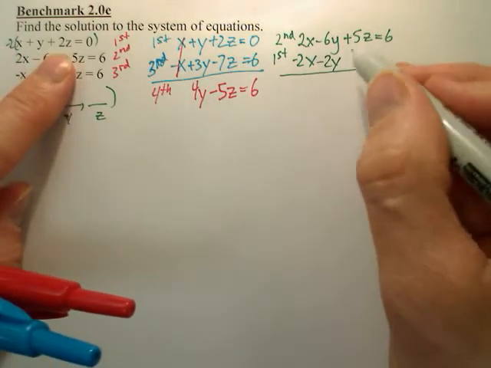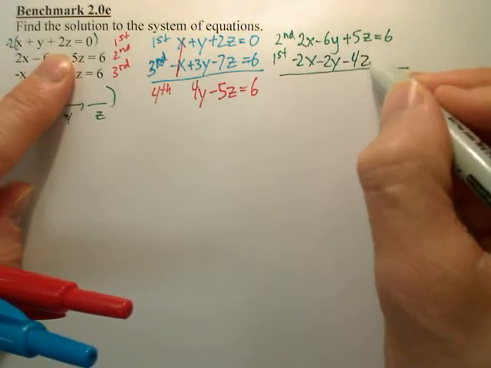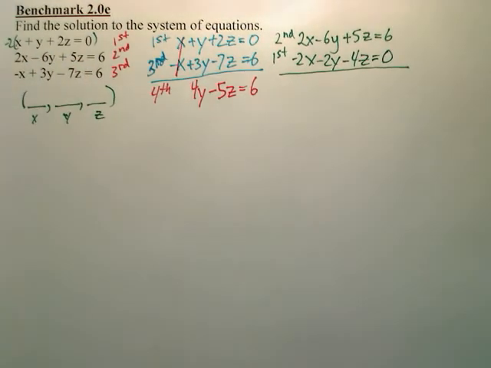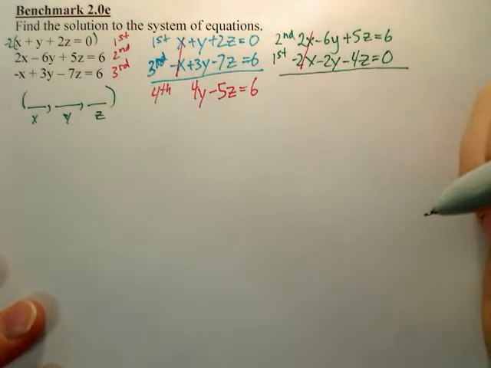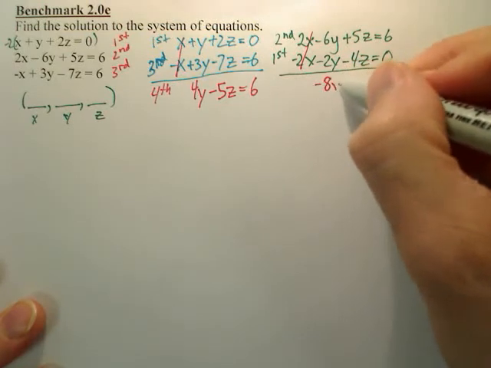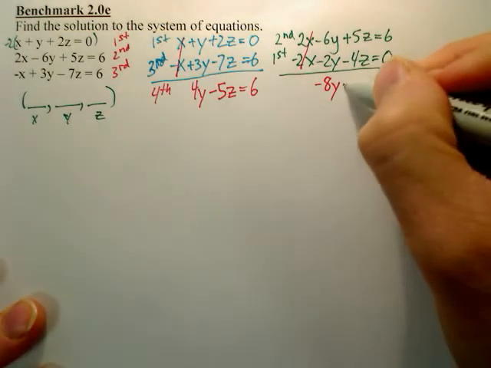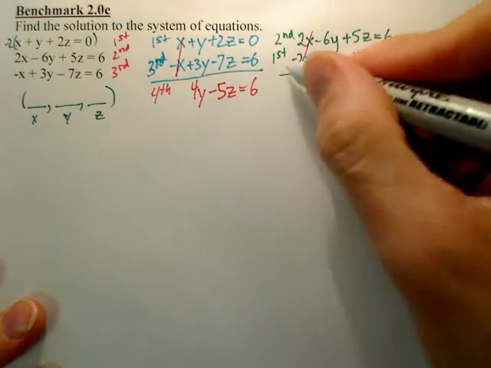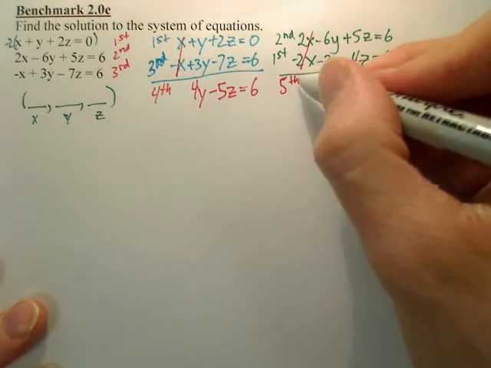Negative 2 times 2z is negative 4z. And negative 2 times 0 is easy 0. And the x's disappear. The y's end up being negative 8y, and the z's end up being 1z equals 6. And I call this my fifth equation.